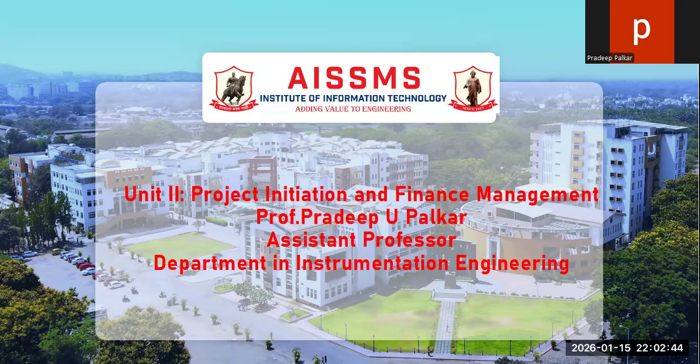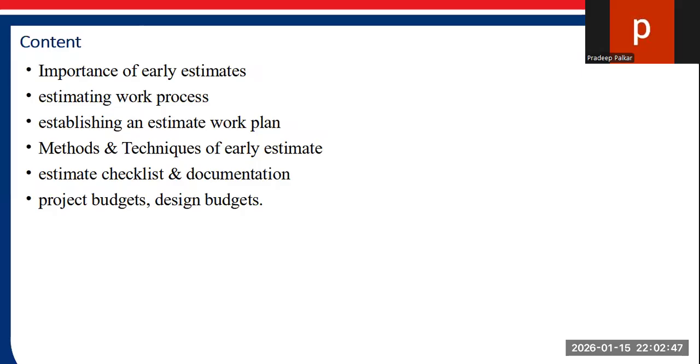The first topic, or the introduction, is the content. The content covers the importance of early estimate, the estimating work process, establishing an estimating work plan, methods and techniques of early estimate, the estimate checklist, documentation, project budgets and design budgets.